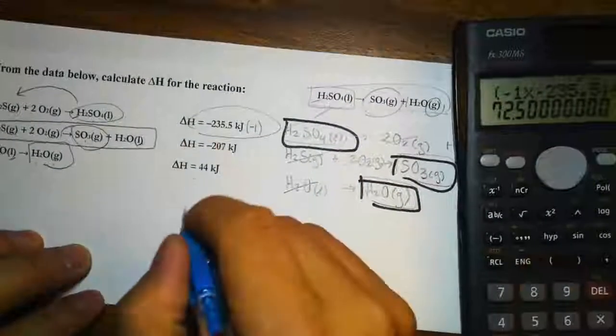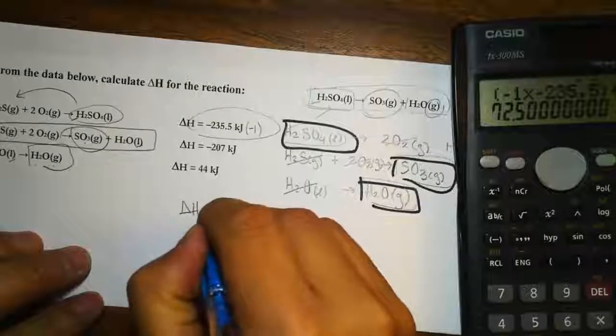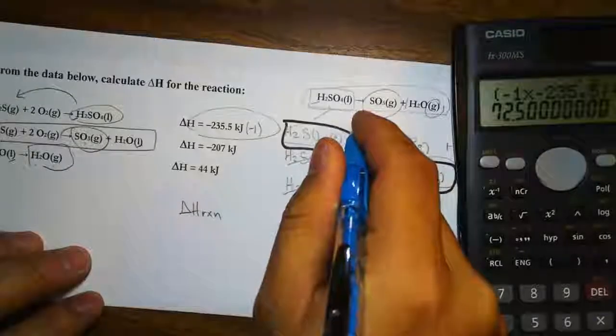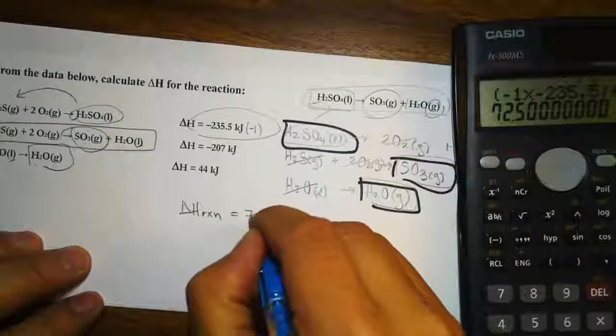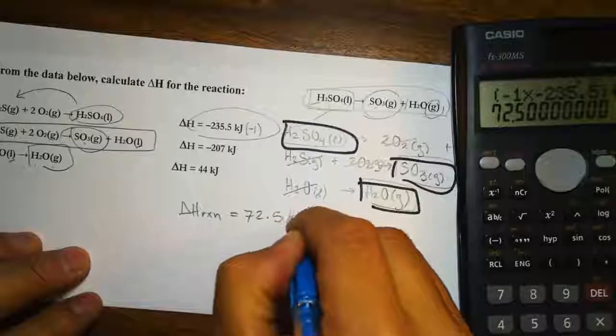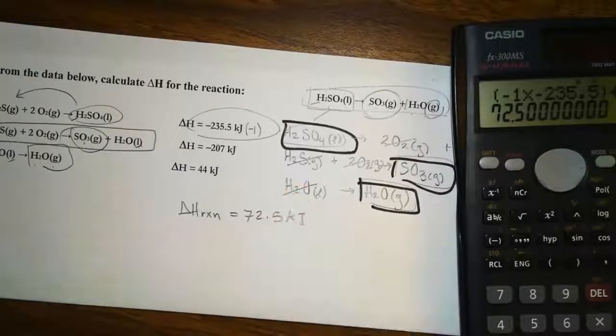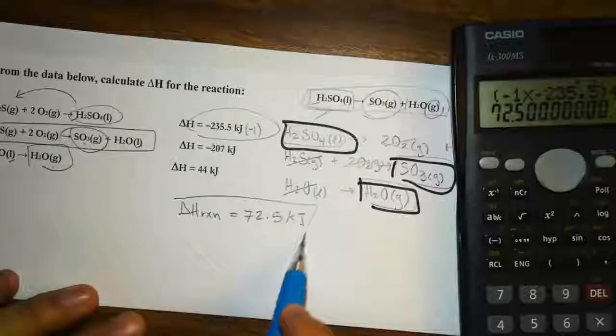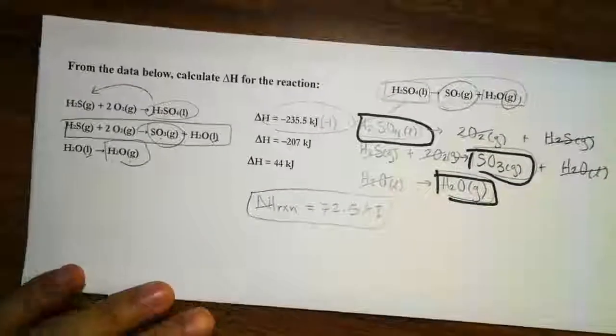So our delta H of reaction for this right here is equal to 72.5 kilojoules. Isn't that easy? Beautiful. Voila. And that's all you have to do.